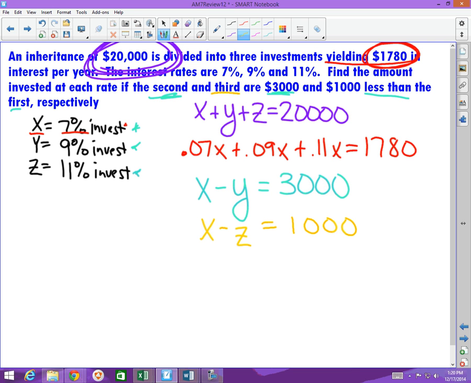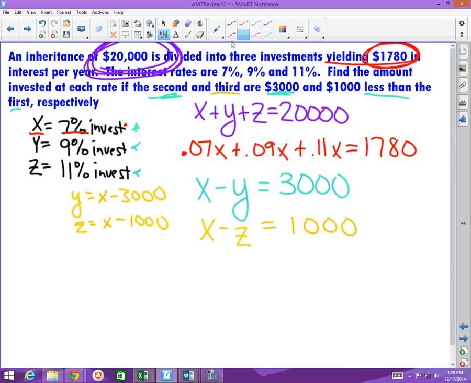Another way to write this, and probably the way you would think of writing it first, is Y equals X minus 3,000. And then this one is Z equals X minus 1,000. But if you're going to use elimination, you got to get them in the same order. And so that's why we've written them as X minus Y equals 3,000, X minus Z equals 1,000.